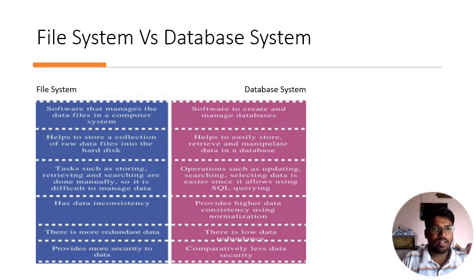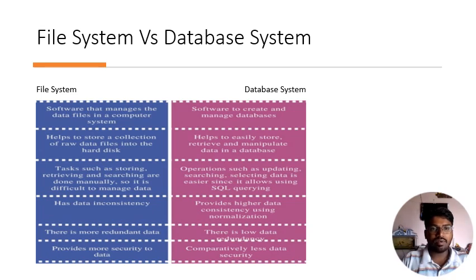Moving on to the next slide. In this slide, we're going to learn about file system versus database system. File system is software that manages the data files in a computer system. Database system is software to create and manage databases. File system helps to store a collection of raw data files on the hard disk.